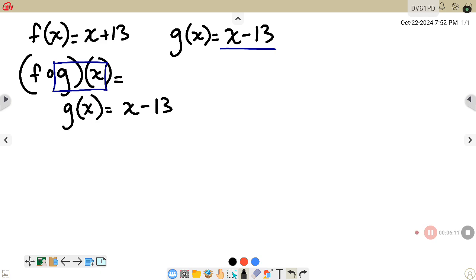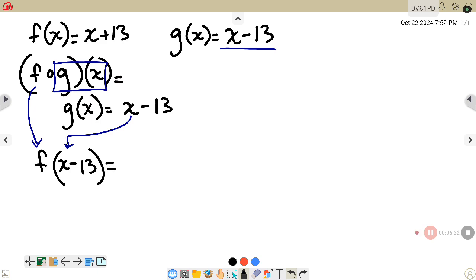So I'll move to the next step, which is to bring down the f, and just like the last ones, you're going to put that last answer, x minus 13, in the parentheses.